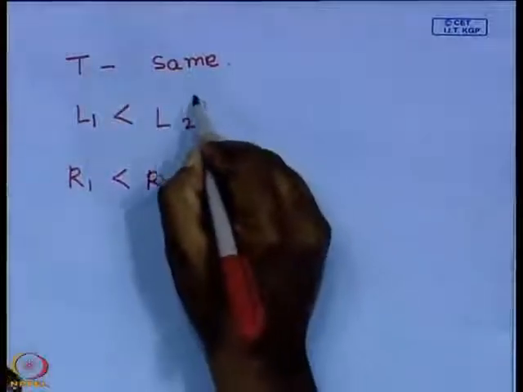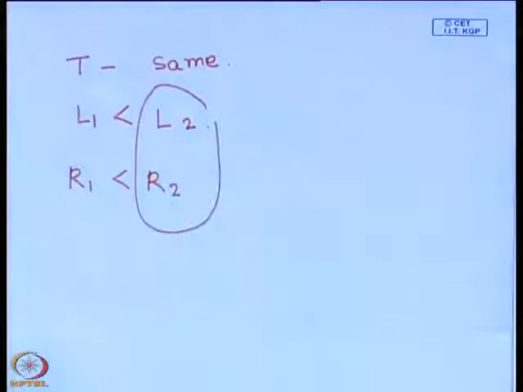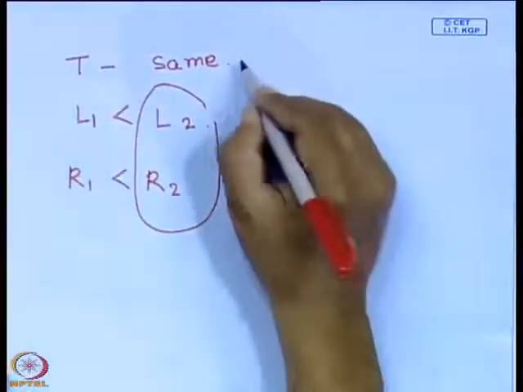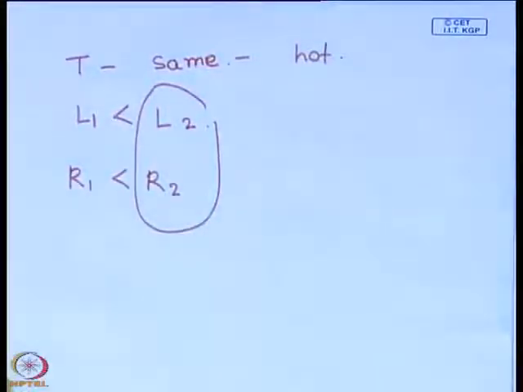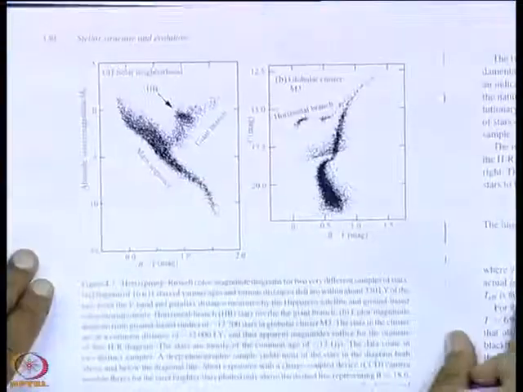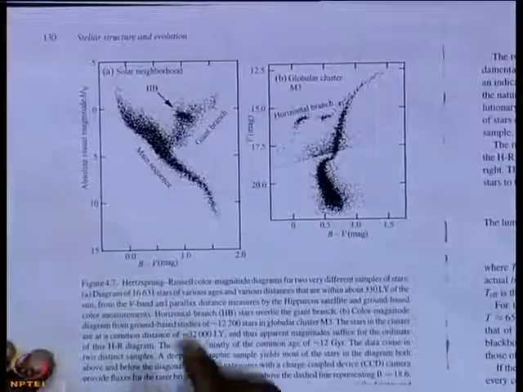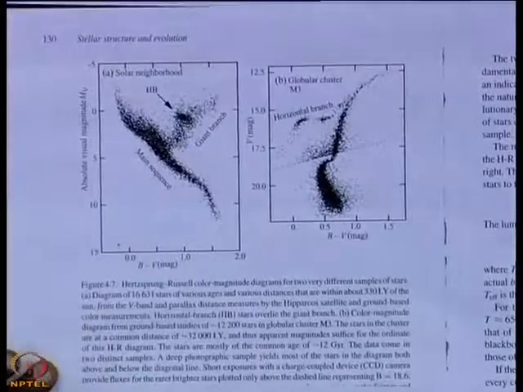So this is a star on the main sequence, let us say, and I have another star which has the same temperature as the main sequence star, let us say a very hot star, and it is quite hot. So let me ask you, a hot star, in which part of the diagram would it appear? It would appear to the left. So a hot star would appear somewhere over here to the left.